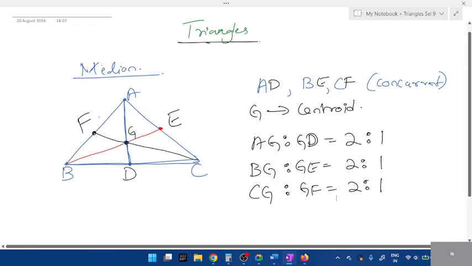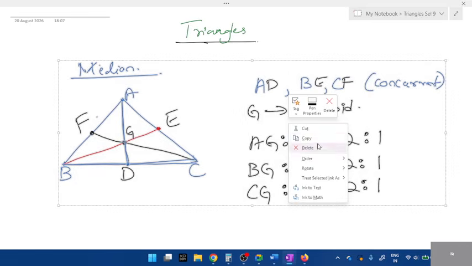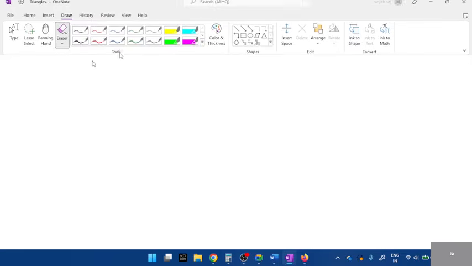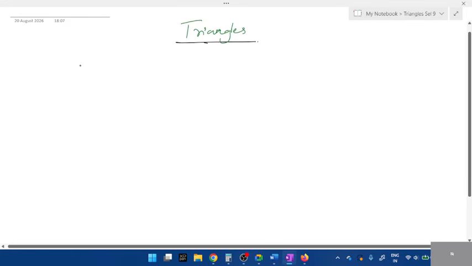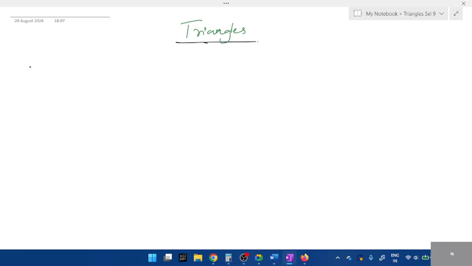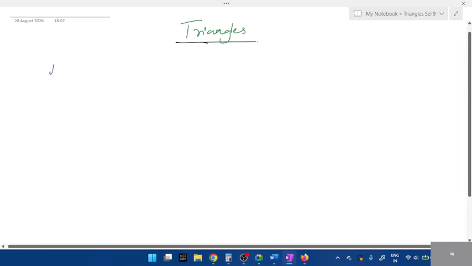Median is done. After that, the next concept is altitude. Do you know the meaning of altitude? What's the other name for altitude, students?